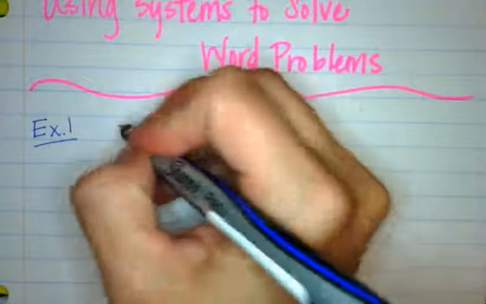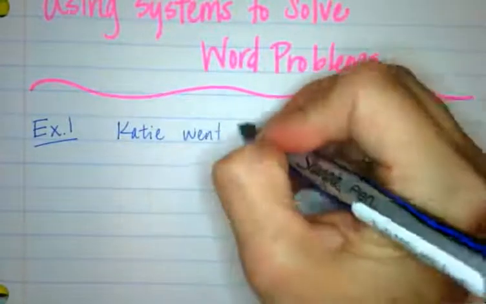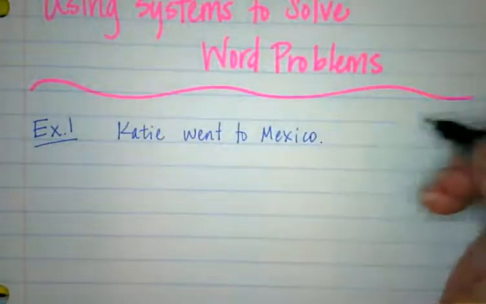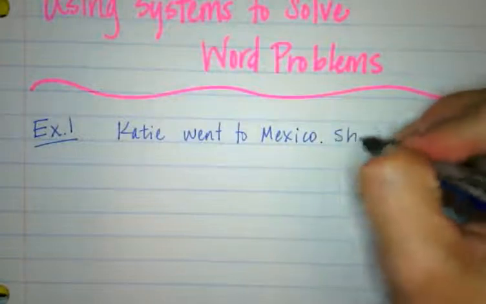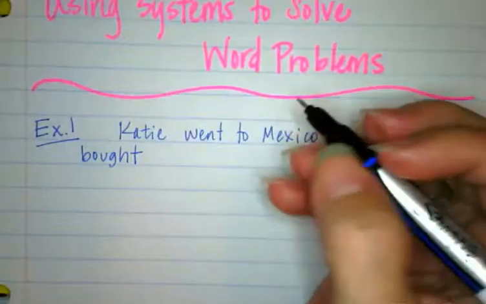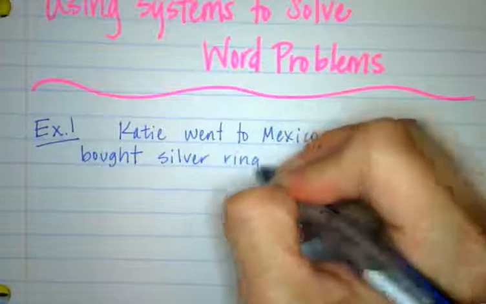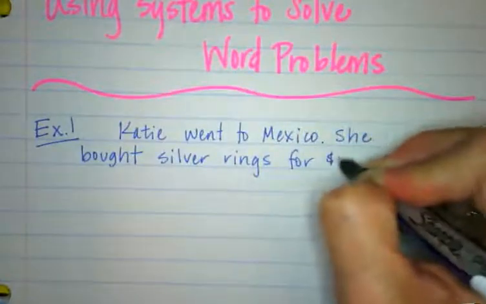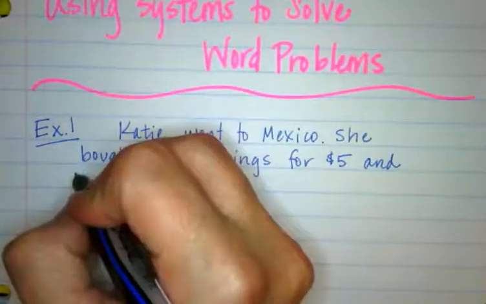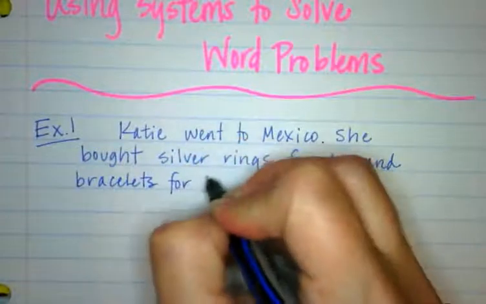So let's say that Katie went to Mexico, and while she was there, she went shopping. Let's say she bought some silver rings for $5, and let's say she bought some bracelets for $8.